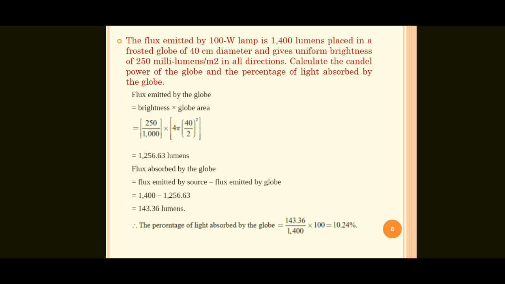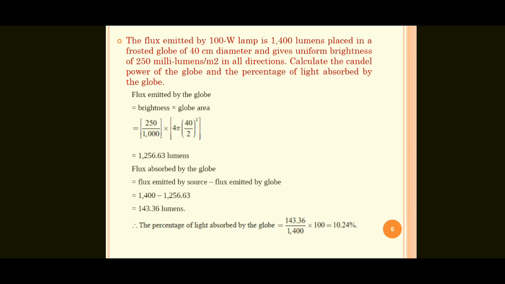So here, first one, flux emitted by the globe is equal to brightness into globe area, which means 250 by 1000 into 4 pi into (40 by 2) whole square, because brightness into globe area.